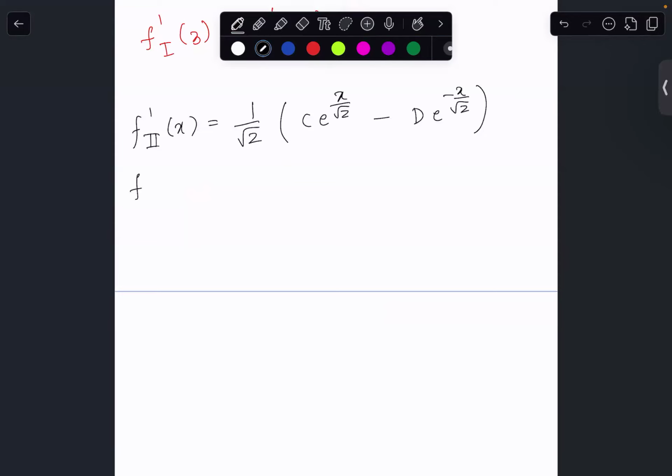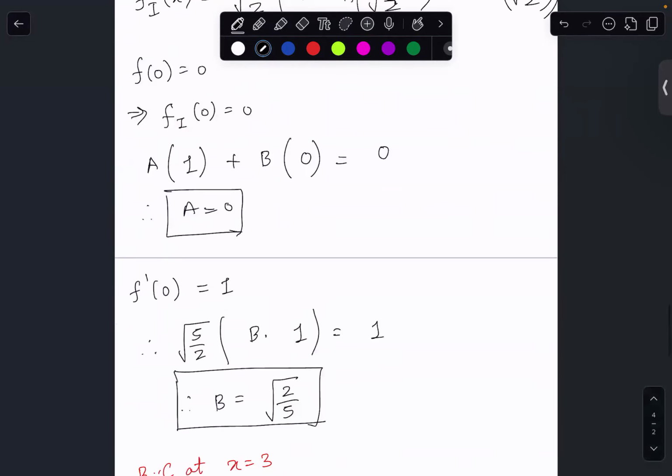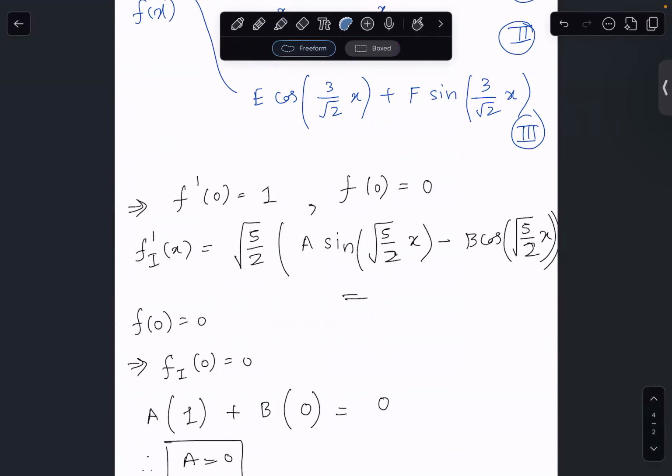And let's rewrite our f1 prime of x again. That looked something like this. So I'll just copy that.